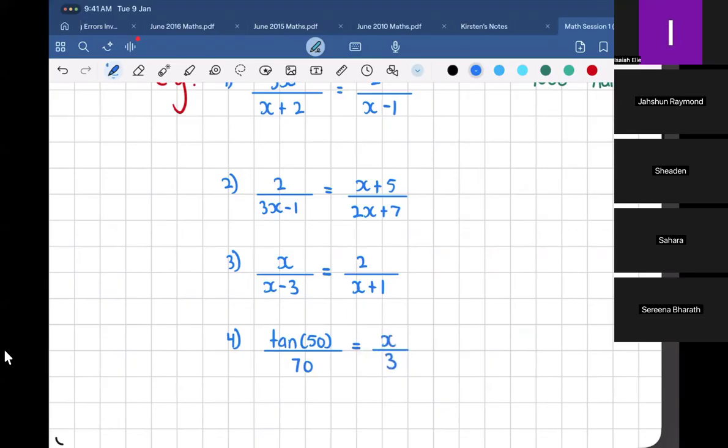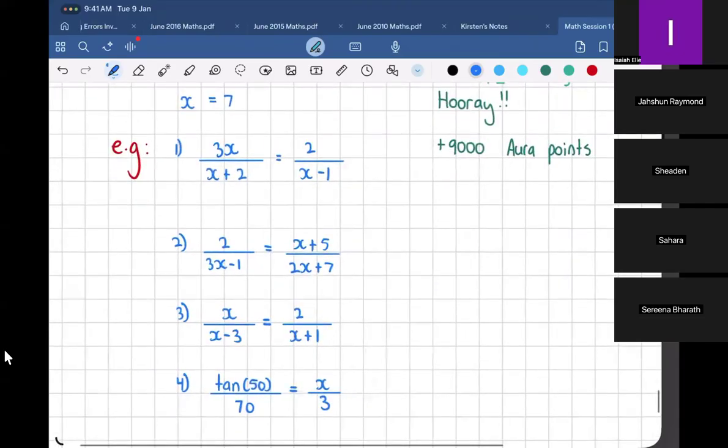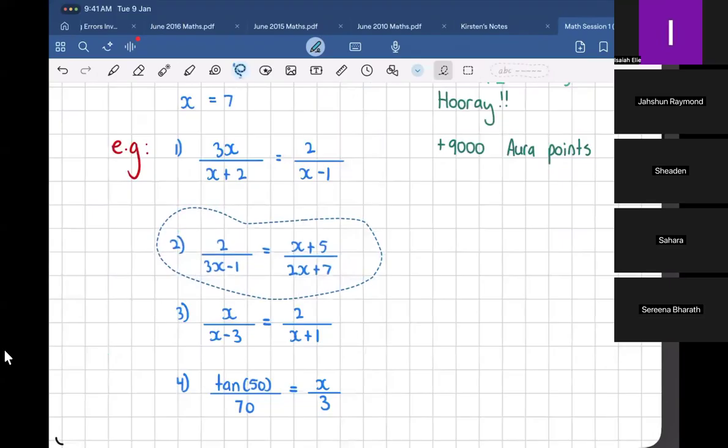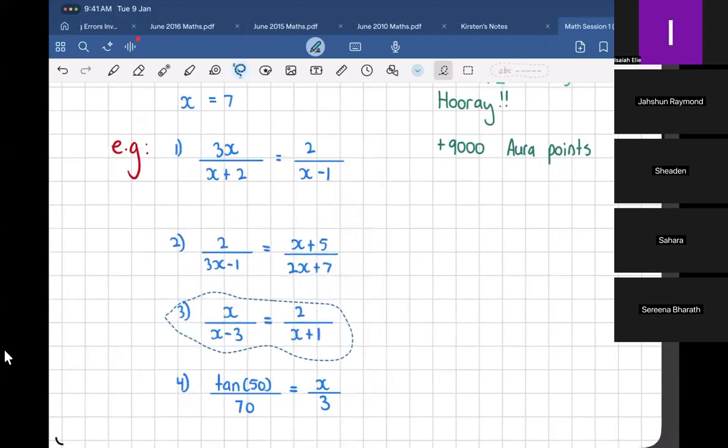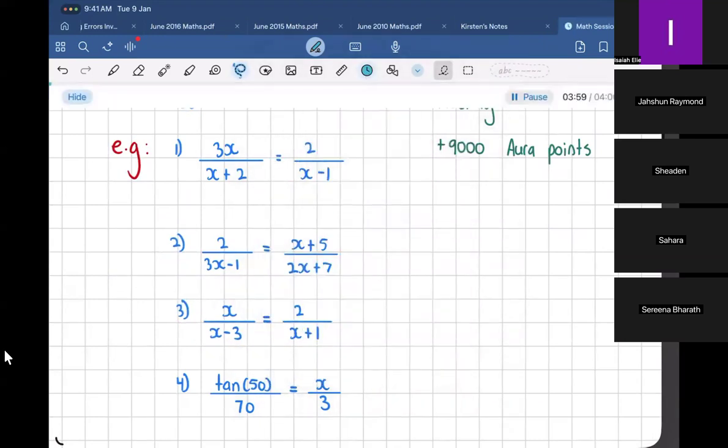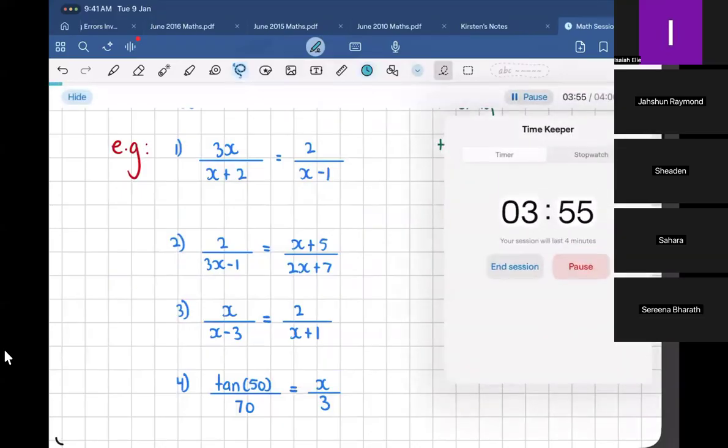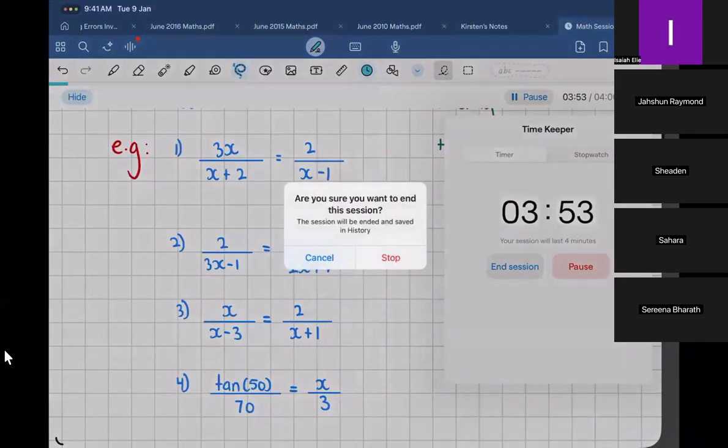Good luck, guys. And may the odds forever be in your favor. No, 4 minutes is too little time. I admit 4 minutes is too little. I'm gonna give you all 7 minutes because I do have to correct it.